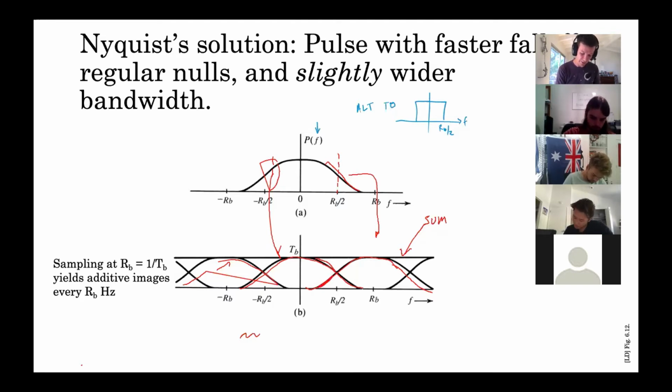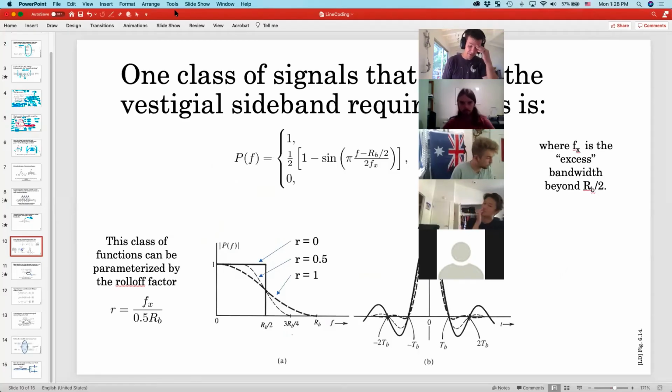And so the way to accomplish that is by symmetry about the middle of the roll-off point here. So let's talk about how we can accomplish this trade-off.